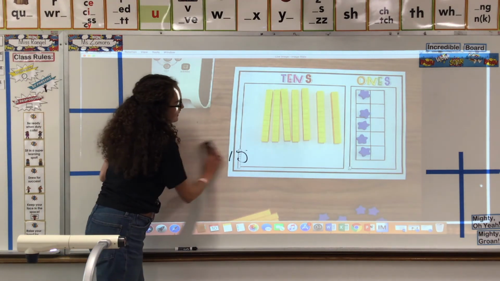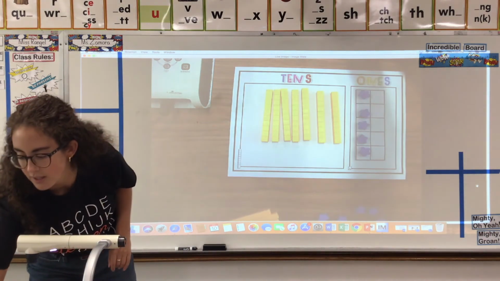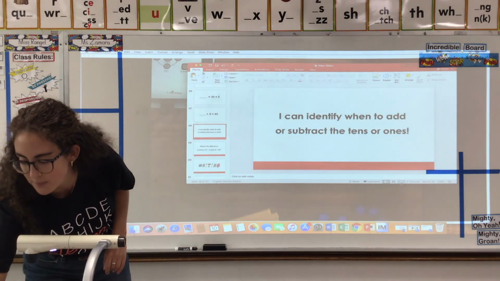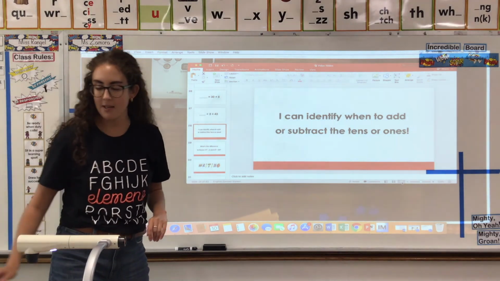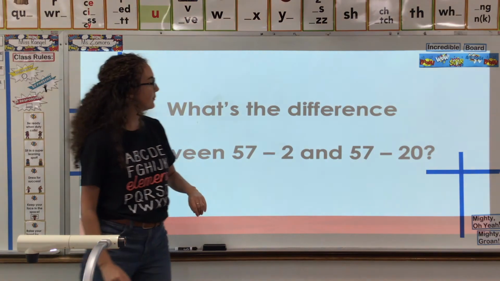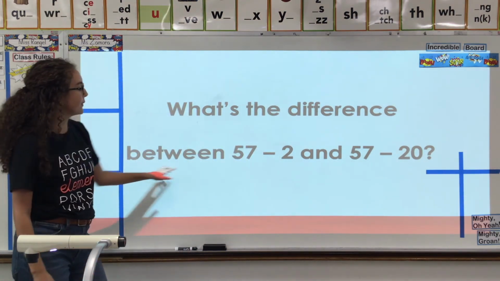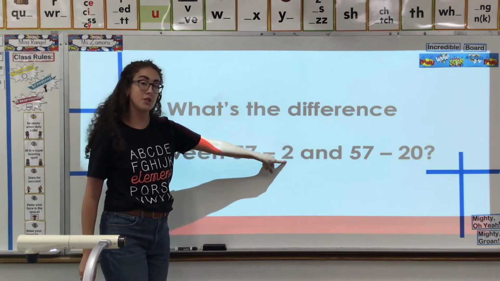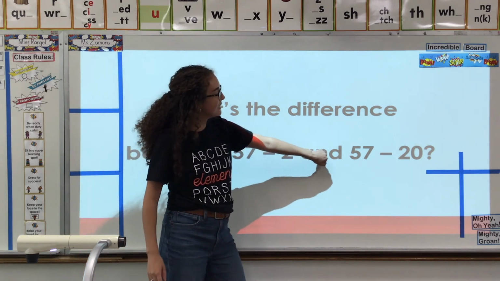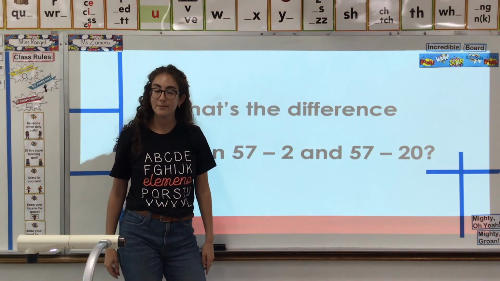Okay, Super Scholars, what I need you to do to show me your knowledge is you are going to explain a problem to me. So your job is, what's the difference between 57 minus 2 and 57 minus 20?